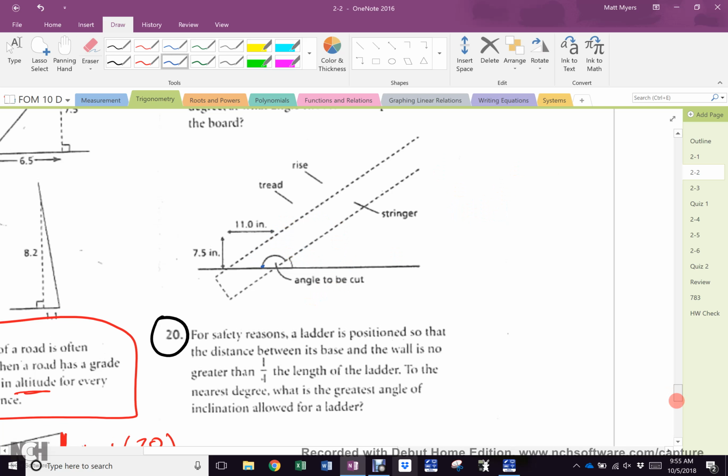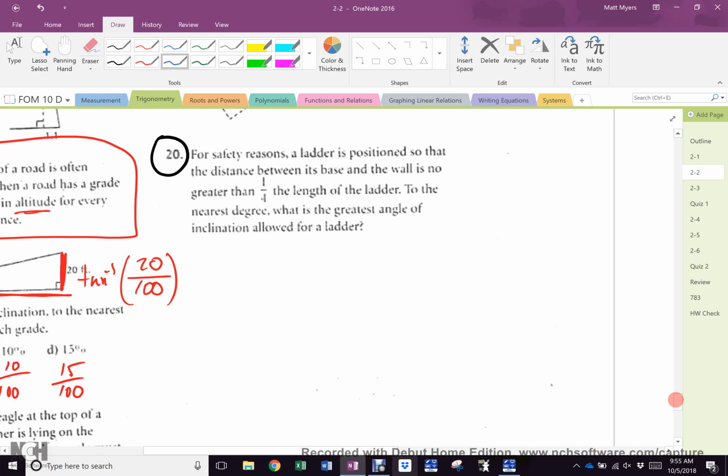Now, I assume some people also need to see 20. 20 is difficult because there are no numbers. But what do you need to do a trig question? A triangle. In this case, the triangle is the floor, the wall, and the ladder.